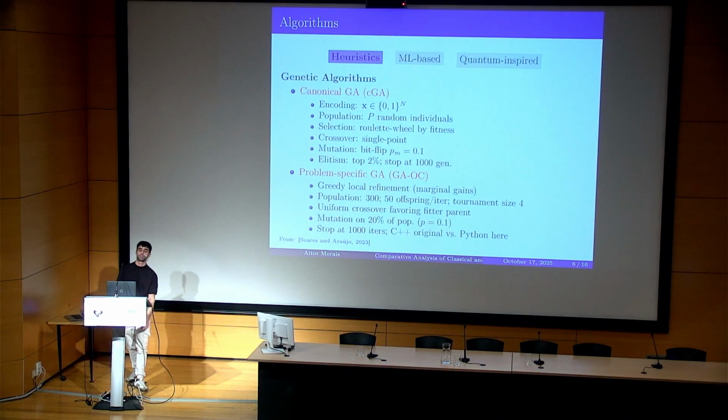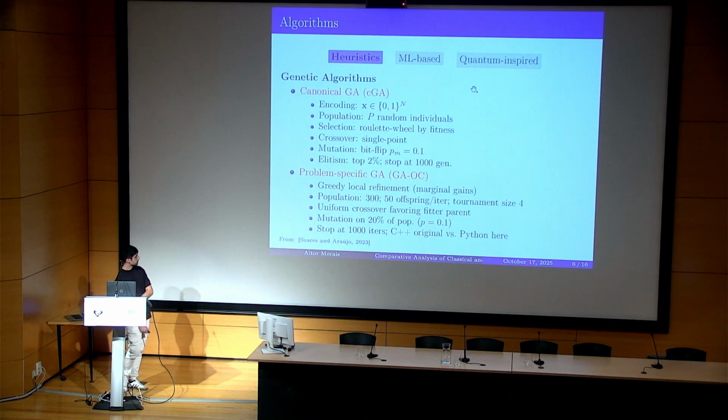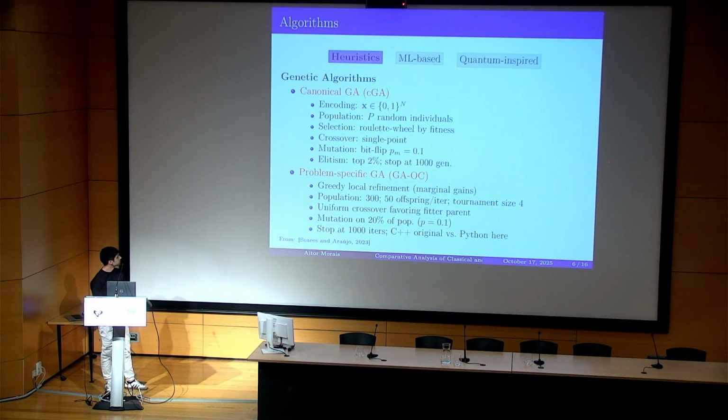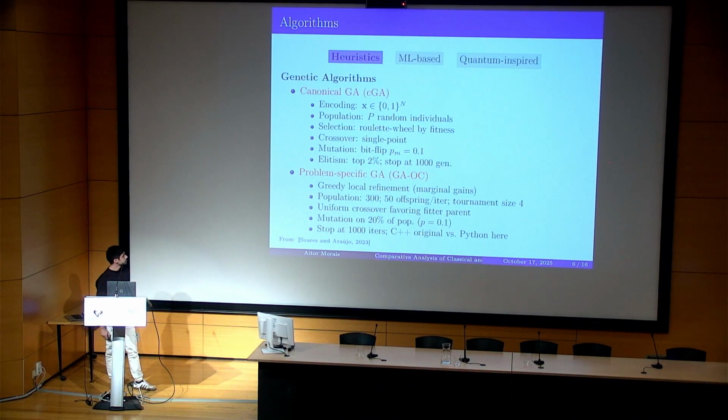Okay, now I'm going to explain the algorithms we use for each paradigm. In the heuristic, we use a genetic algorithm. We created from scratch a genetic algorithm, and we call it the canonical genetic algorithm, with these parameters. And we implemented a genetic algorithm called genetic algorithm with optimal cuts from this work, with these parameters.